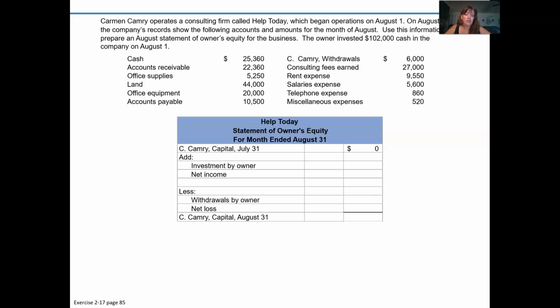Okay, so let's see what we have. This is a new company, so we started off August with 0. The investment by the owner was $102,000. It states it right here. The owner invested $102,000 cash. The owner withdrew $6,000 from the company.